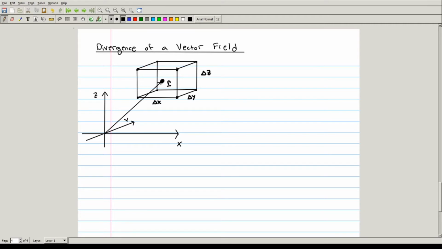So think of this as motivation for defining the divergence. Eventually we will define it as we move throughout this motivation example. But throughout this example, what we'll be thinking of is the velocity field for a fluid flow.